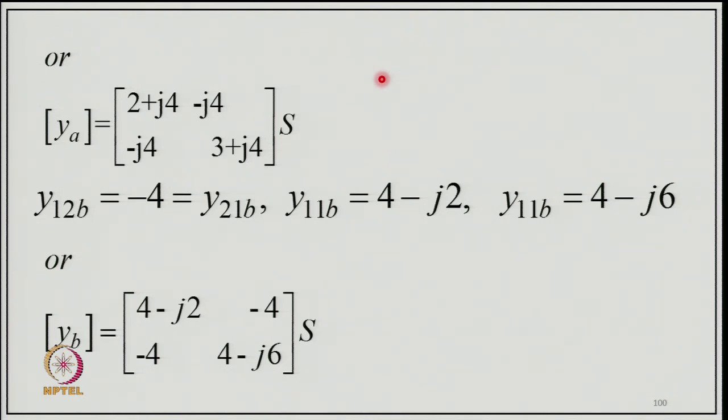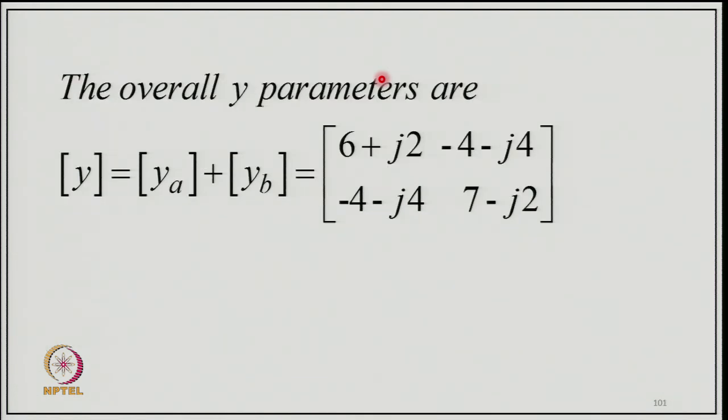We can say Y_A equals [2 plus j4, minus 4; minus 4, 3 plus j4] siemens, and Y12B is minus 4, equal to Y21B, and Y11B equals 4 minus j2, and Y22B equals 4 minus j6. Or we can say Y_B equals [4 minus j2, minus 4; minus 4, 4 minus j6]. Then the overall Y parameter will be Y equals Y_A plus Y_B, which becomes [6 plus j2, minus 8; minus 8, 7 minus j2].